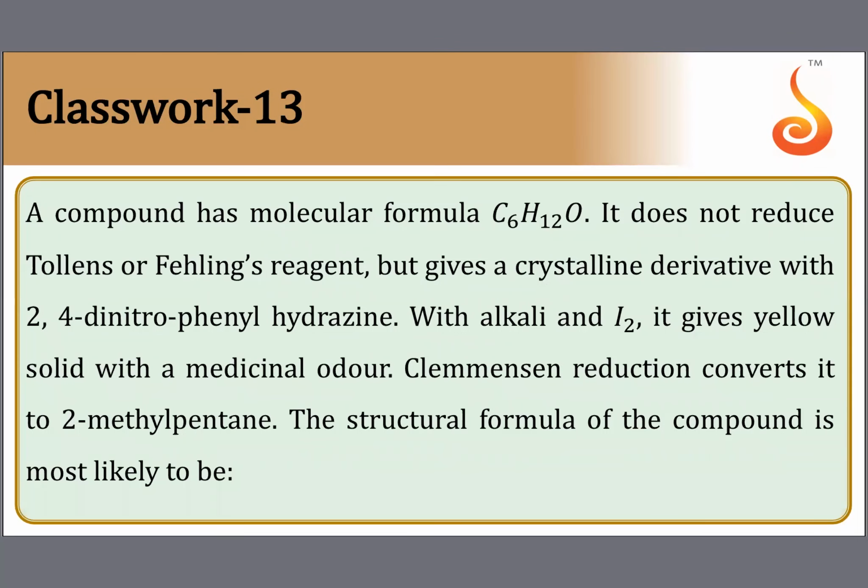Okay, coming to the 13th one. A compound has the molecular formula C6H12O. Its formula indicates CnH2nO. With this formula, we can get aldehydes or ketones only, no? The general formula of aldehydes and ketones is CnH2nO.